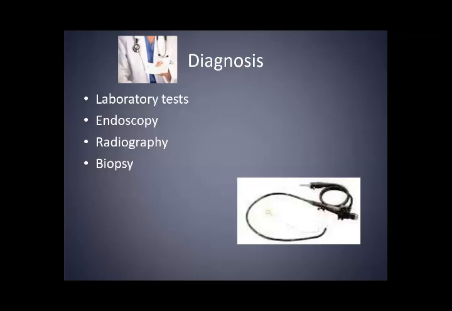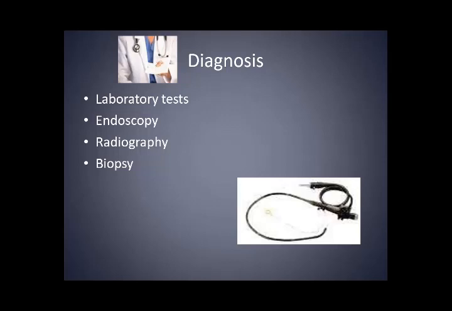Okay, so the patient has been having abdominal pain, diarrhea, sometimes bleeding, his ESR is raised, and he is mildly anemic. So this is a moderate disease. How would you make your diagnosis? We will do laboratory tests, endoscopy and biopsy, and radiological investigation.